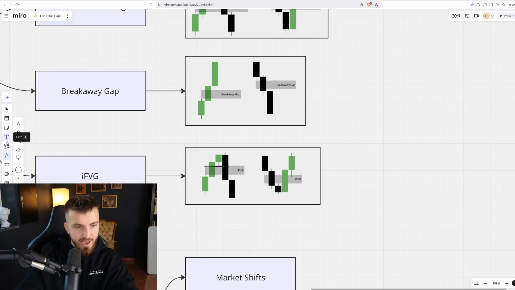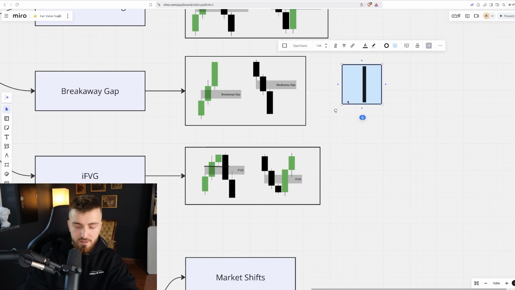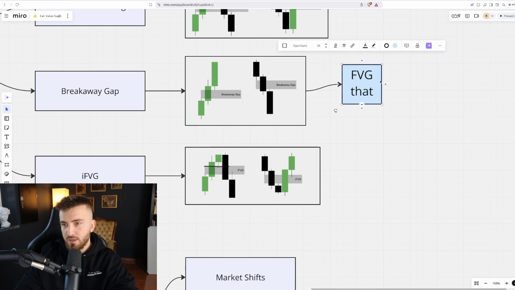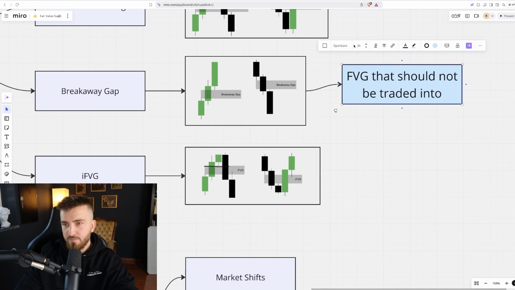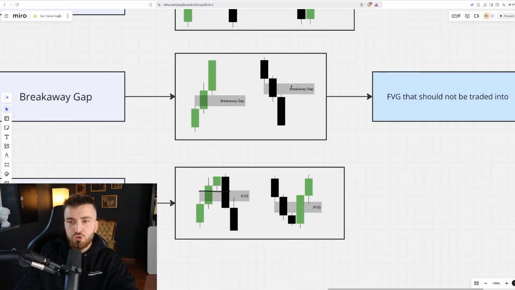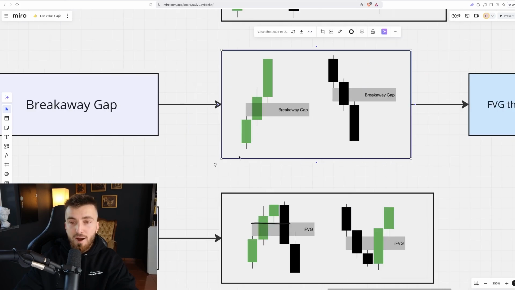So if we quickly add right here a rectangle, just saying fair value gap that should not be traded into, this is all we need. I know this is looking crazy. So this is a fair value gap that should not be traded into, and that is marked by the third candle.